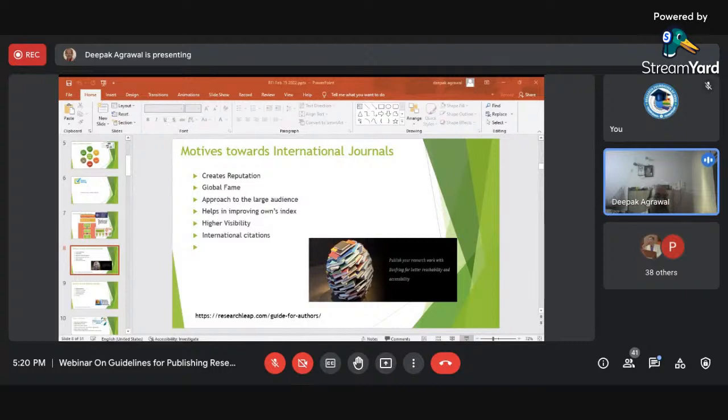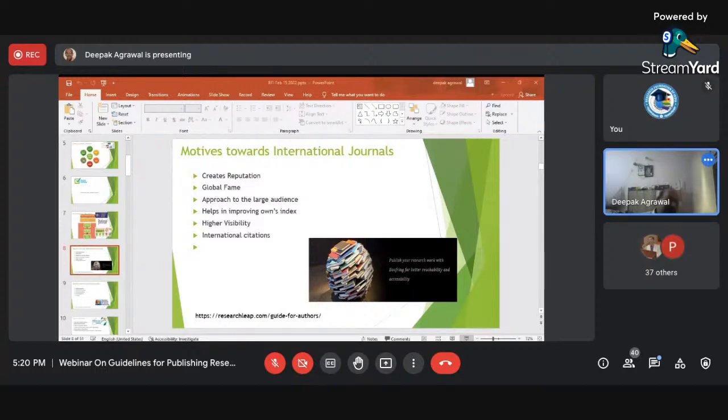So these are some of the reasons we need to move towards international journals. It may be possible that these international journals might not have listings as per the UGC norms, but don't worry. That is a different criterion to be maintained. And here we need to get papers published in order to share our work with the audience throughout the world.